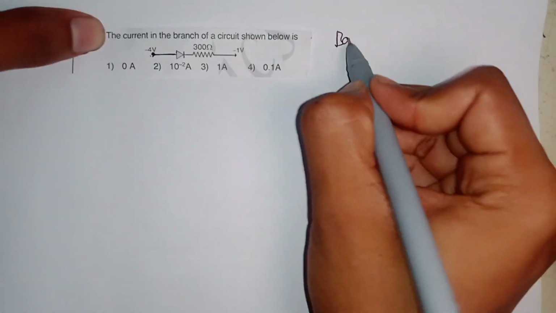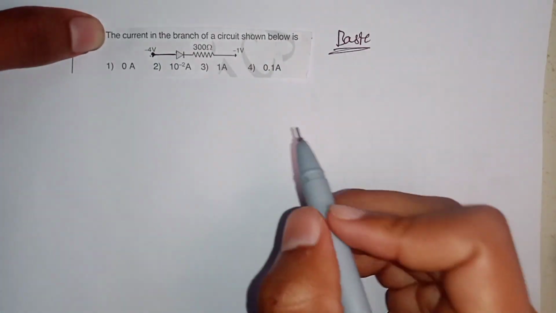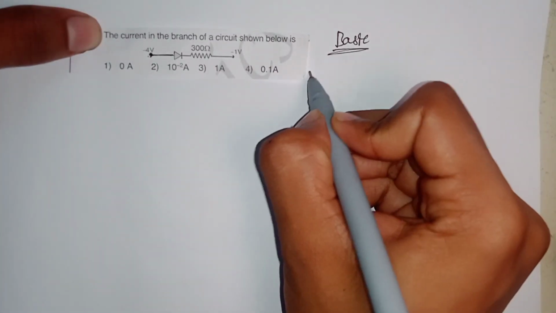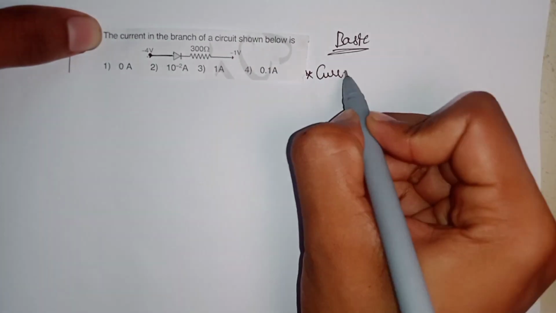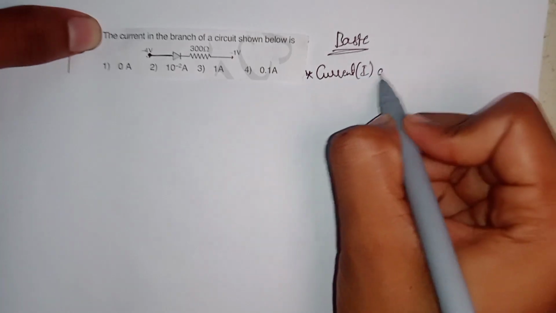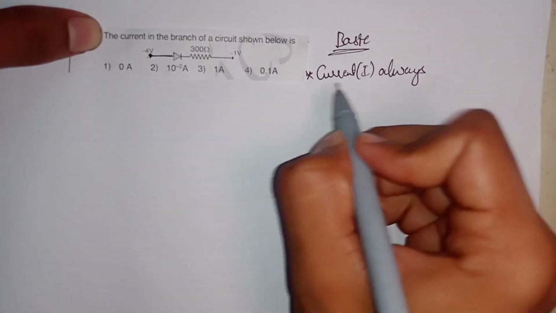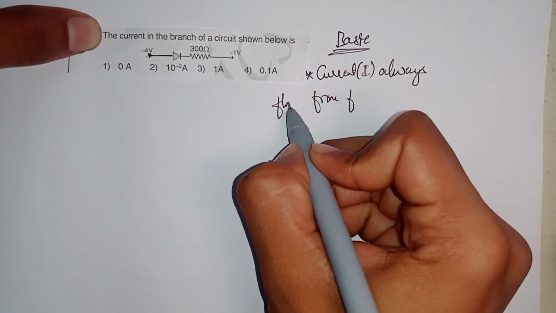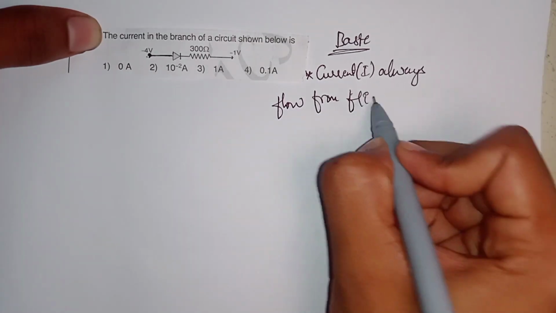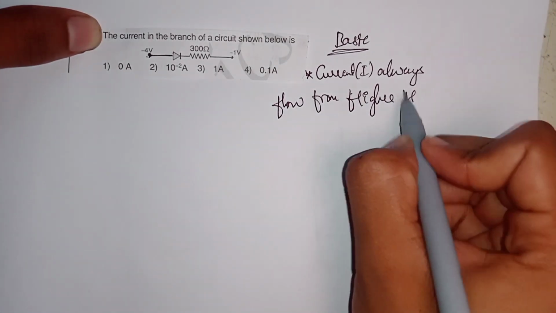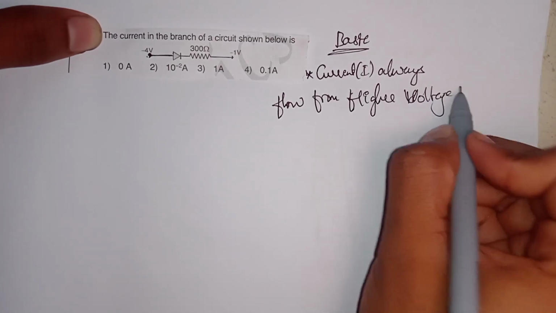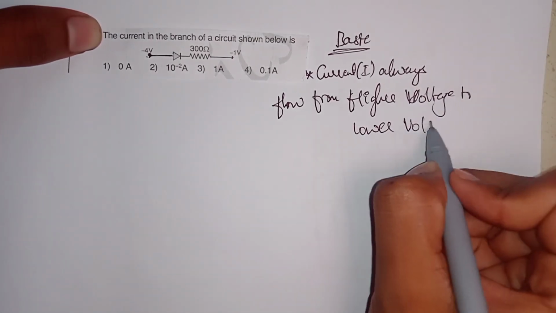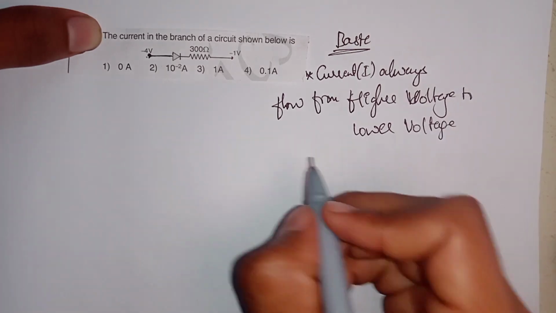What is the basic we have to know? See here students, current always flows from higher voltage to lower voltage.